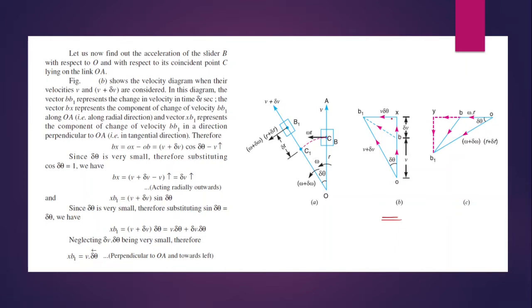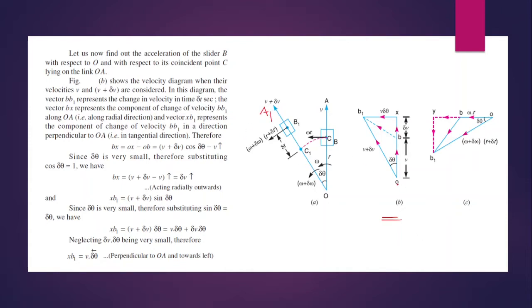In this diagram we can see that the velocity v is along OA. Then we can represent that velocity here, and that must be parallel to link OA. Then after a time interval of delta t, v plus delta v is along OA1.